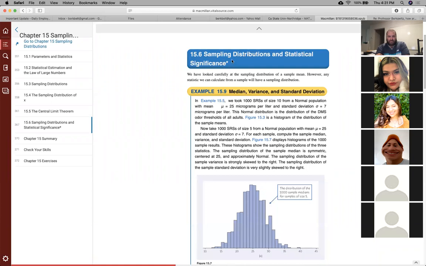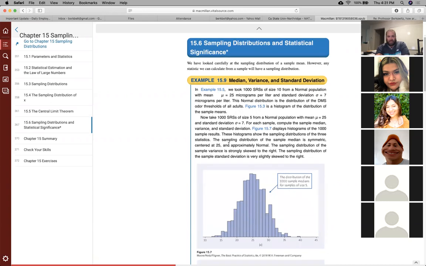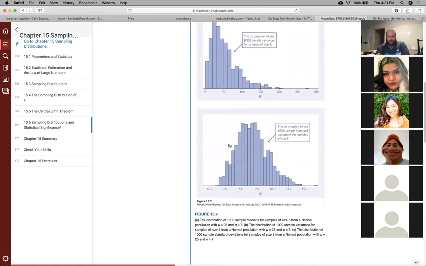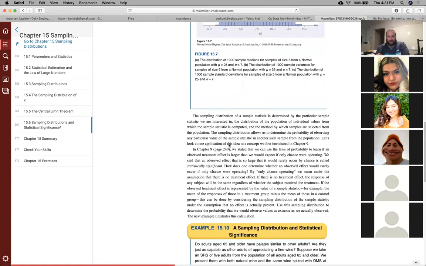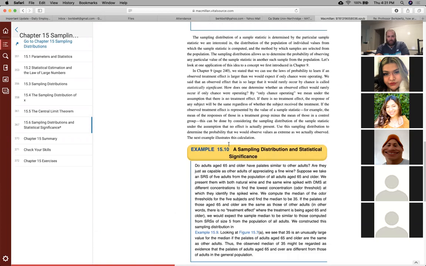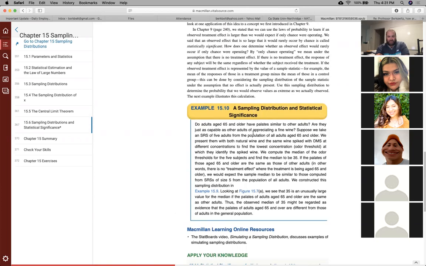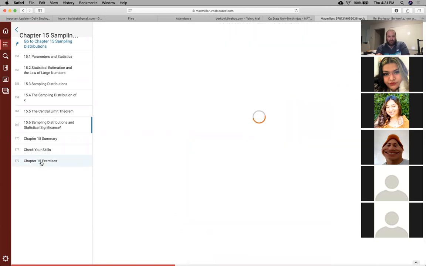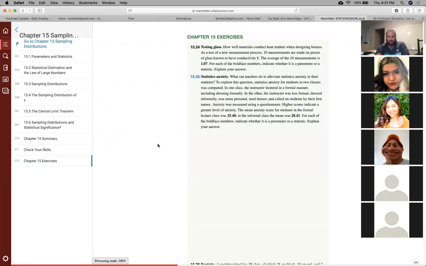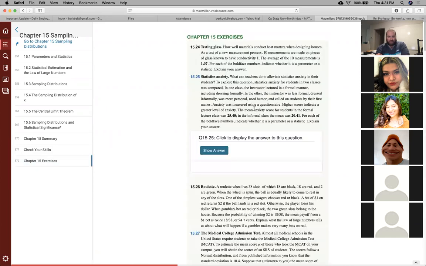They label it as a star, meaning you can skip this section without detracting from understanding what's going on. We're going to skip it only because we're going to cover statistical significance later. So let's do some exercises. Let's do some examples from here to test our understanding.